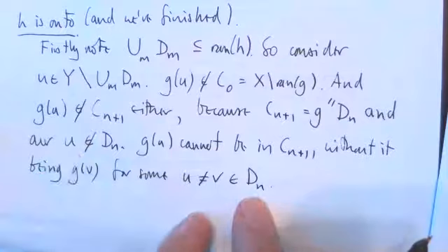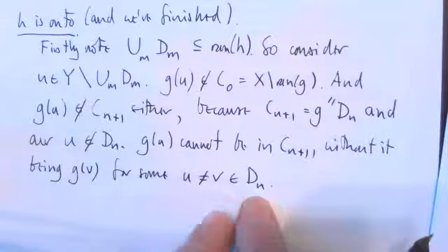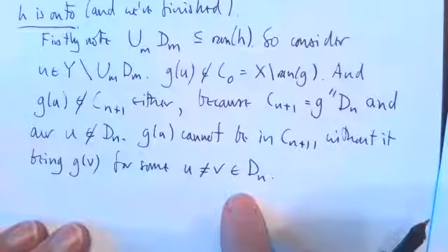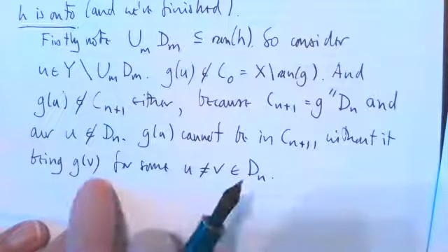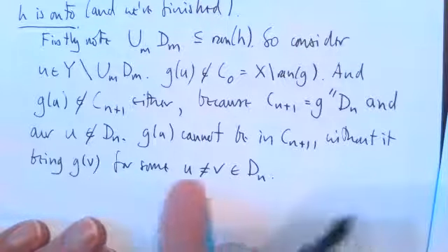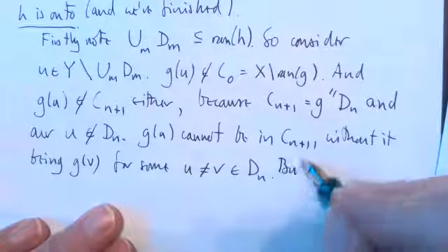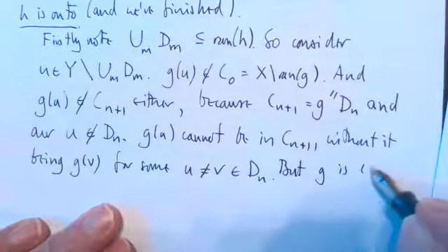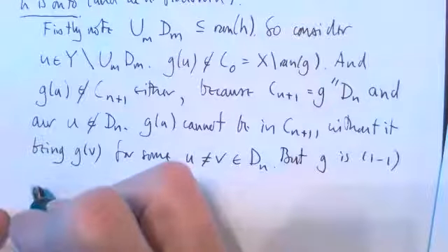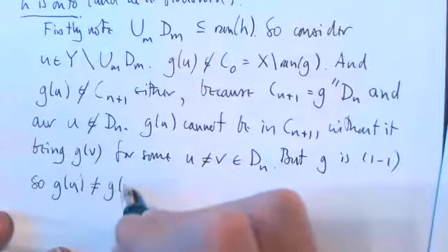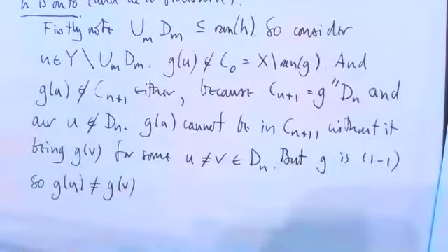But Cn plus 1 is g applied to the things in Dn. So there has to be something in Dn so that g of it ends up being this. But g is 1 to 1. So this cannot happen. So g of u is different from g of v here.